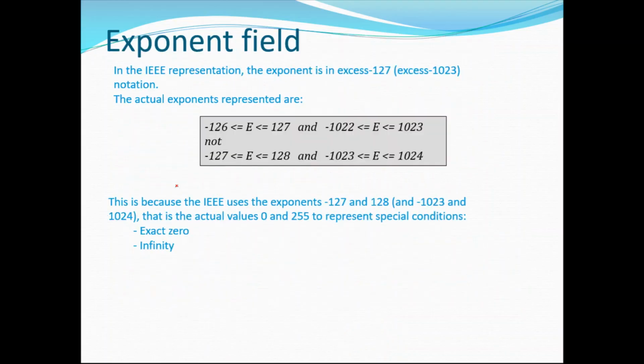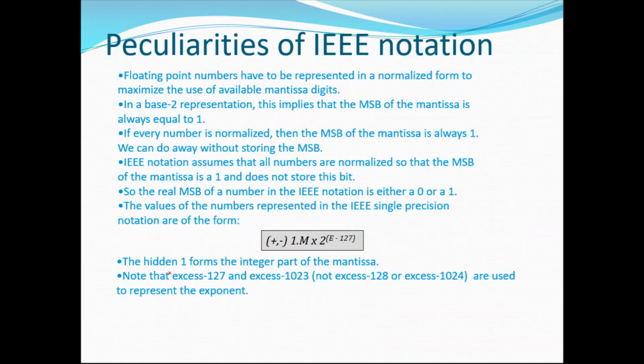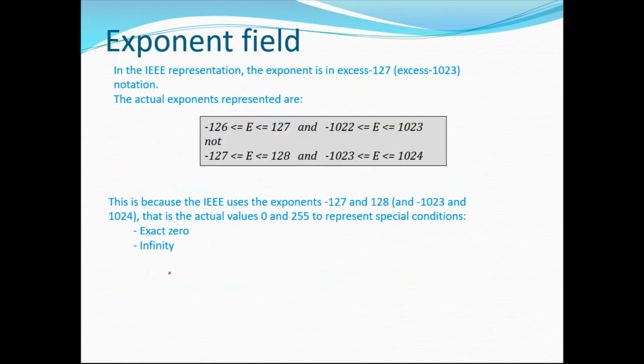Another important thing about IEEE is that it provides 8 bits for exponent, but here a little trick is involved. Normally with 8 bits, this is the range of numbers that can be represented with signed numbers: -127 to +128.